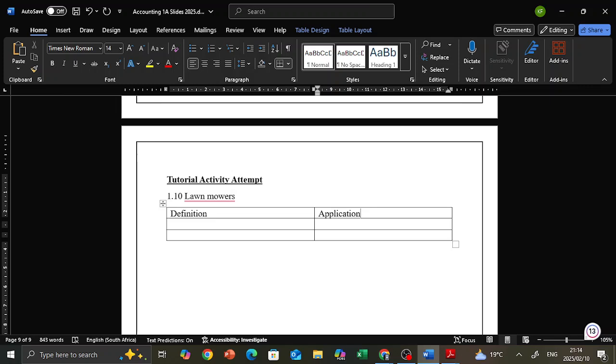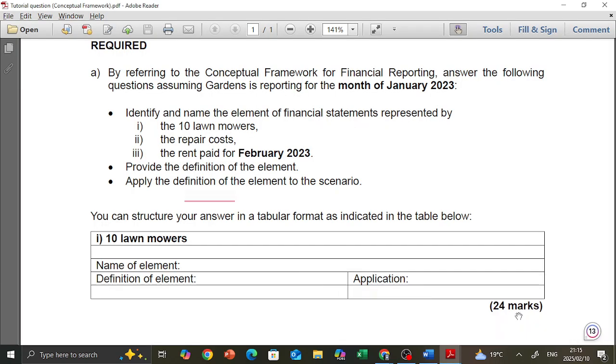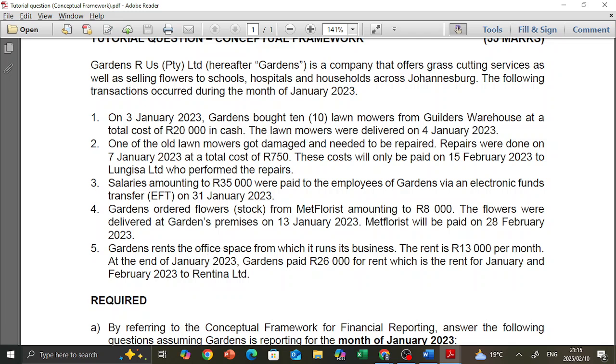Okay, perfect. So, essentially, to answer your question, what we're doing here is we know that we have 5 main elements of financial statements. Now we have been given scenarios. If you look at scenario 1, Gardens bought 10 lawnmowers from Gilder's warehouse at a total cost of 20K cash. They were delivered on 4 Jan.